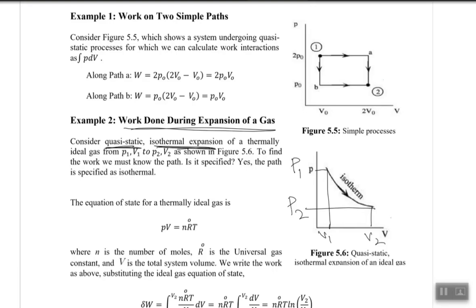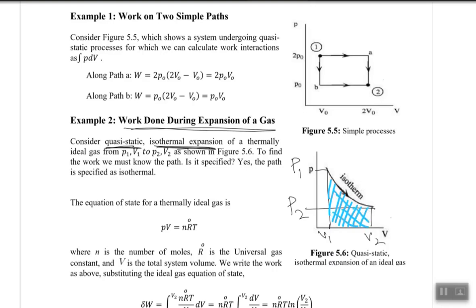So the work done would be the work done during the expansion of the gases, and that expansion is isothermal expansion. If you want to find the area under the curve of this one, it will be a little bit difficult to find the area.